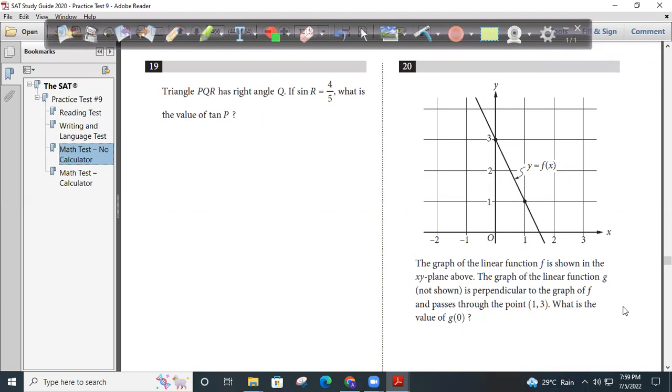Question number 20. Yes, correct. Excellent. 6 students gave me an answer.